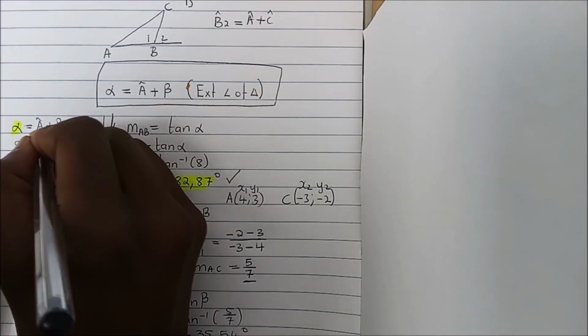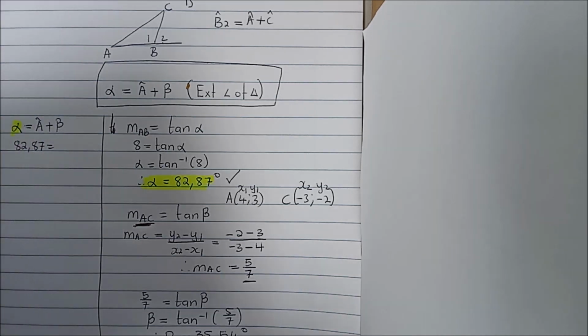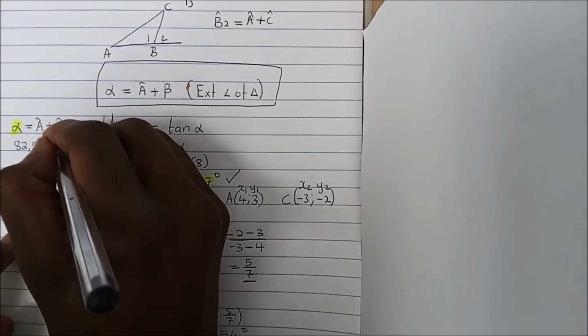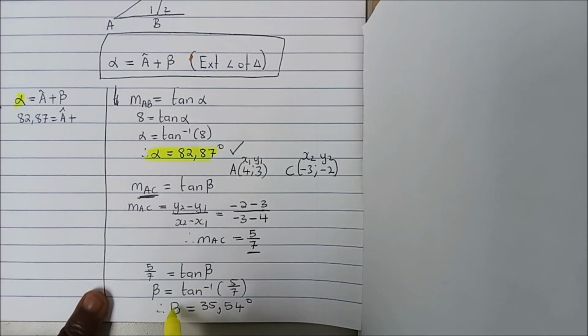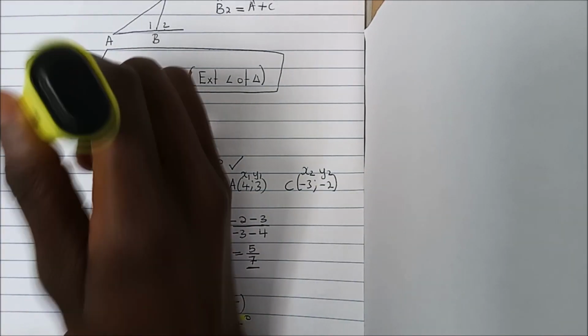So that's going to be 82.87 equal. And then what is A? A is the angle that they want, which is CAB. So we can call it A plus, and then what is beta? We know the value of beta here. We found the value of beta. And now we are going to substitute it there for beta.